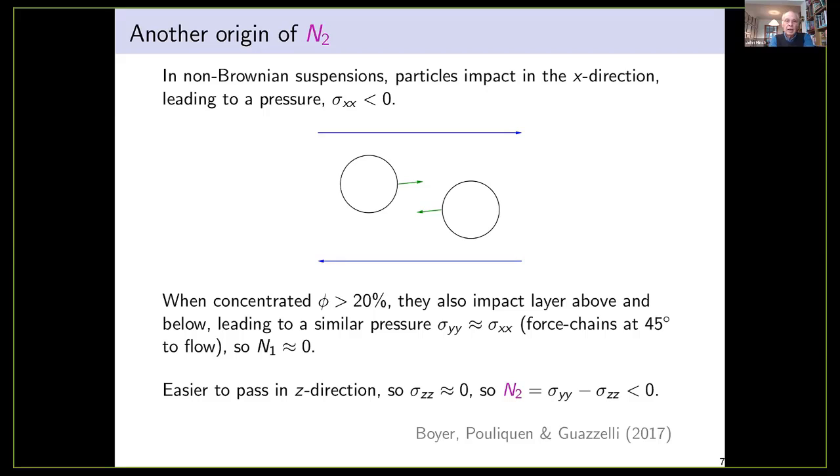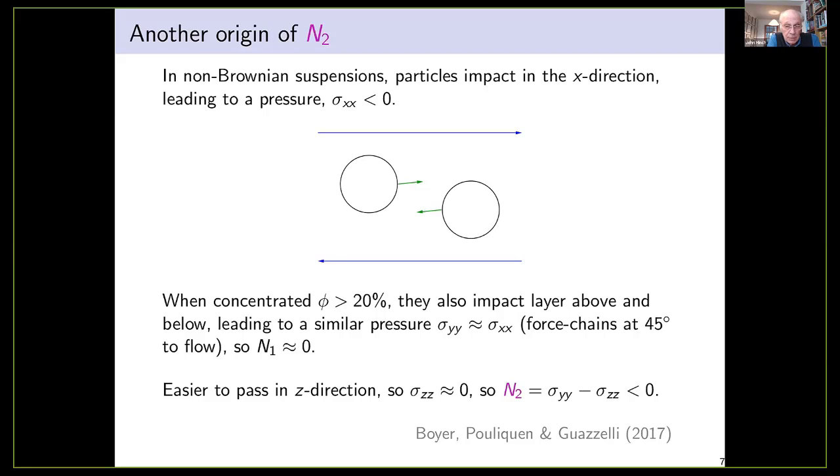When the suspensions are concentrated, there are other particles than the two I've just shown here. There is an awful lot of particles above and an awful lot below them. And in order for these two particles to move round one another in that shear flow, they have to bash an awful lot above them and a lot below. And they pick up a lot of pressure impact in the y direction.